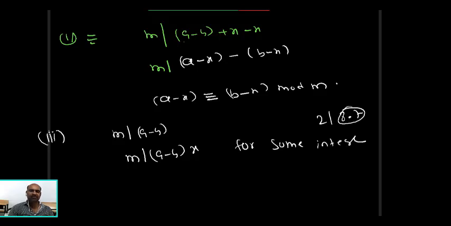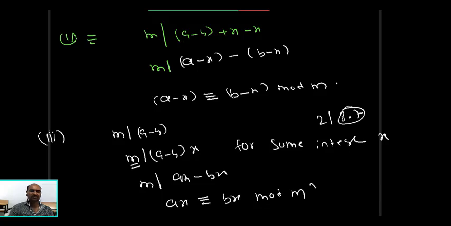They gave positive because M should be a natural number, but for some integer X I can write it, no problem. So M divides the multiplication AX minus BX. This is looking just like M divides L minus P, so L is congruent to P modulo M. What is the meaning? AX is congruent to BX modulo M. So result 3 is also proved.